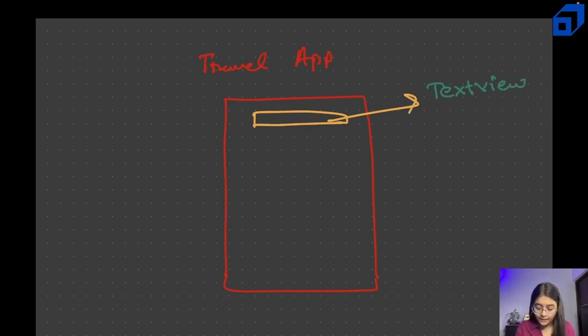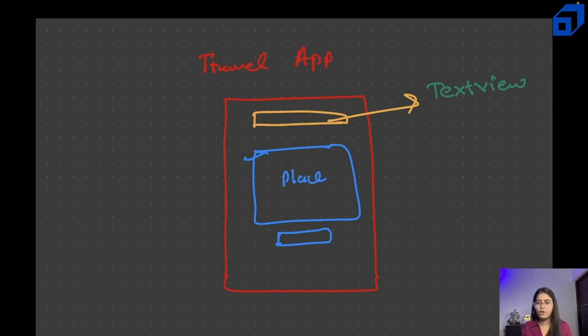Apart from that, I will have pictures of the top places to visit, which will change dynamically. Here we will have text to explain a bit about the place, or maybe just the name of the place. We can show maybe top 5 or top 3 places to visit in the capital of India, and then here the name of the place.